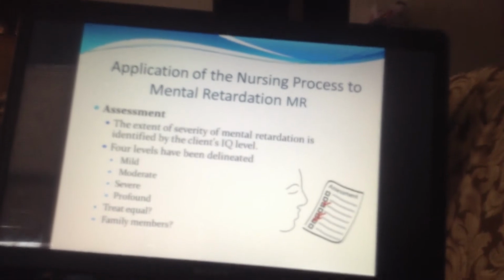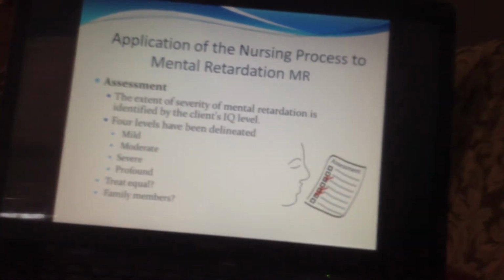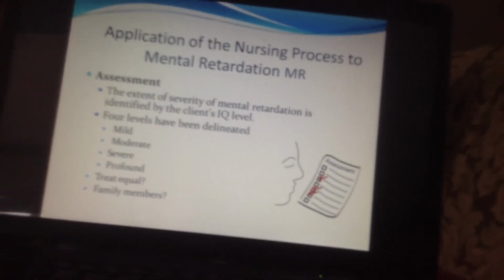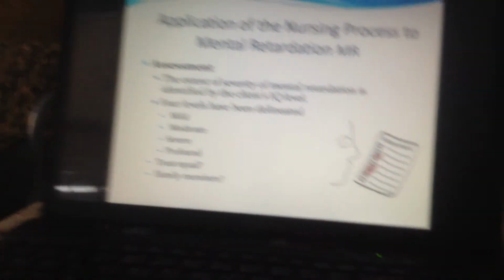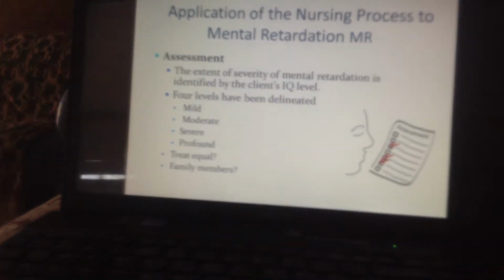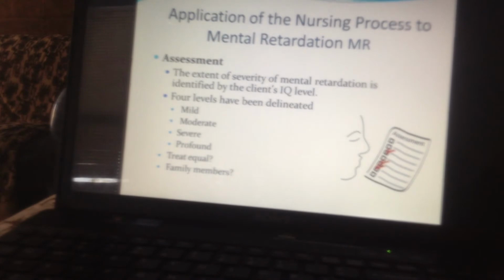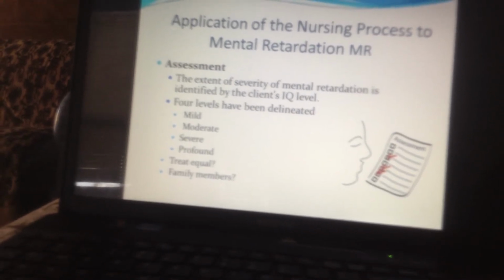Okay, when we look at the application of nursing process into mental retardation, you want to assess two things. One is IQ and the other is the activity of daily living. Now with that, you can look at 4 different levels of mental retardation. Mild is where the child is capable of independent functioning but may need help at times of stress.